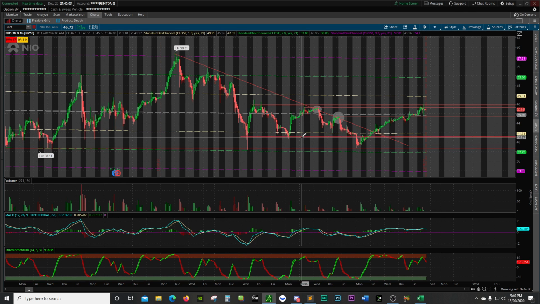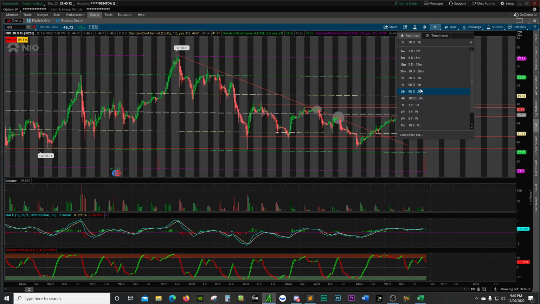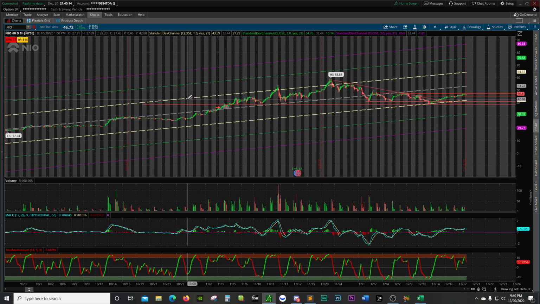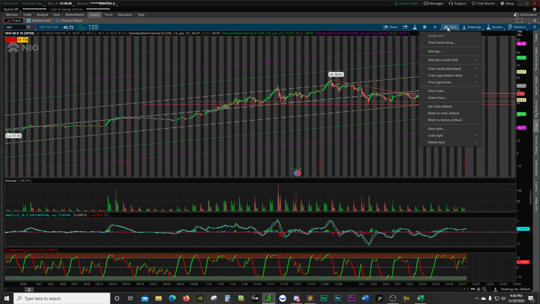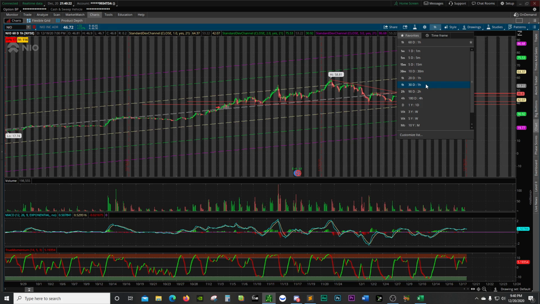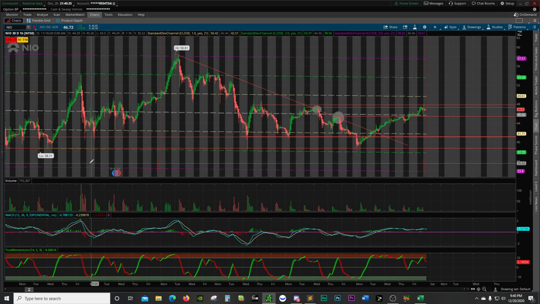But this support line right here that I drew actually goes pretty far over here. Let me see if I can go a little bit further out. Yeah, so we've got pretty good support all the way over.